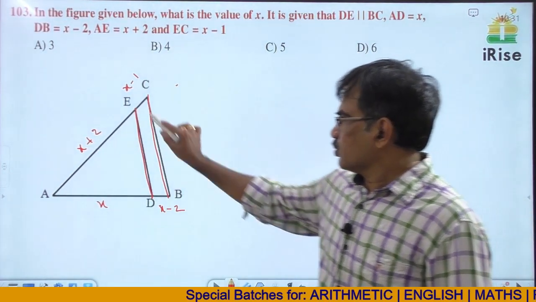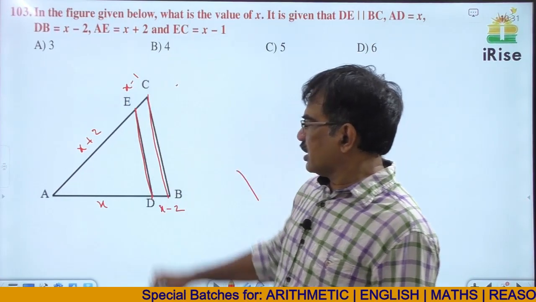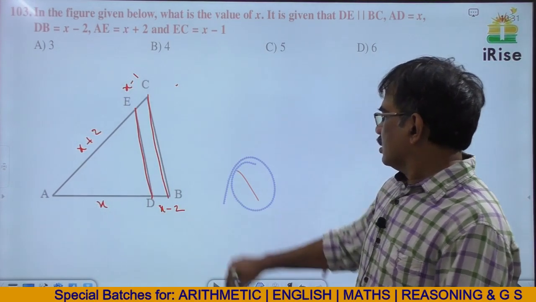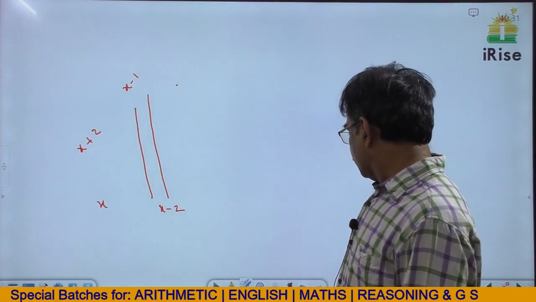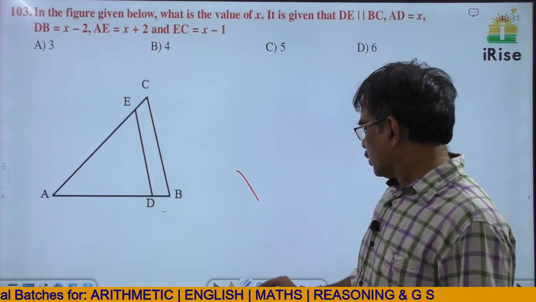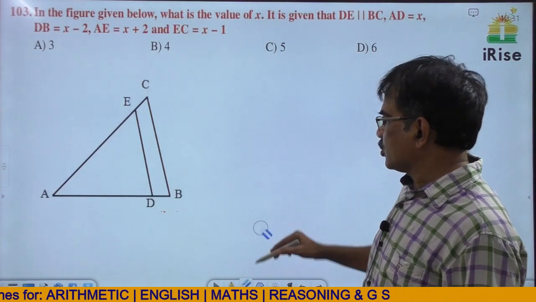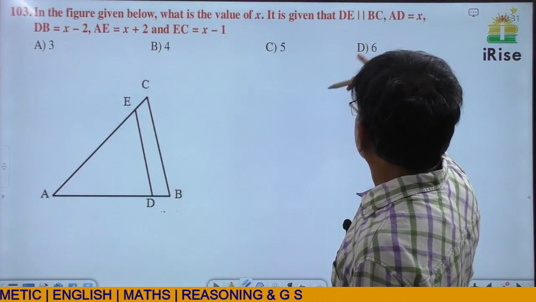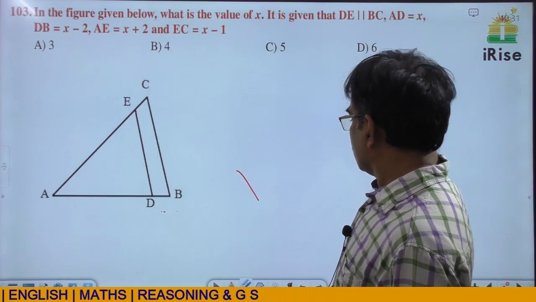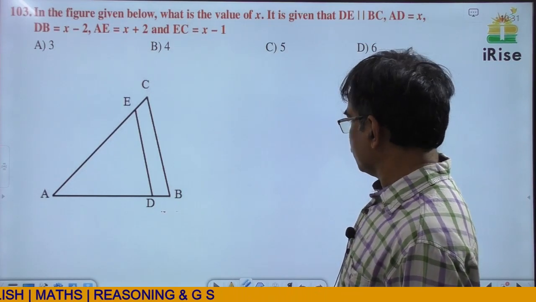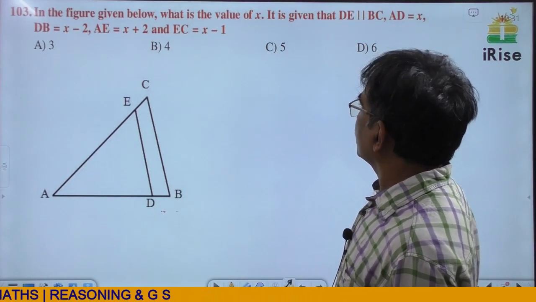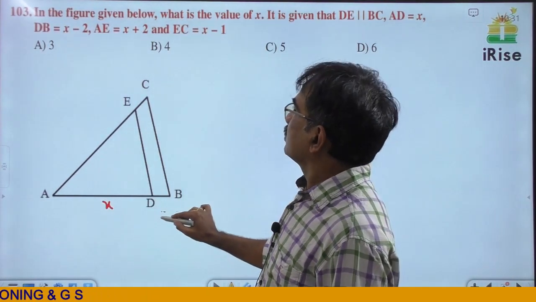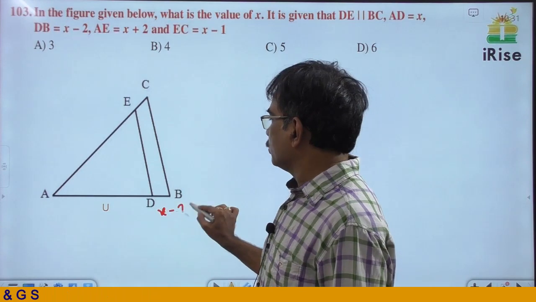Okay. This small triangle and big triangle are similar triangles, or you can use the basic proportionality theorem. Okay, use the basic proportionality theorem. So I want to write again, just a minute. AD is equal to x, DB is x minus 2.